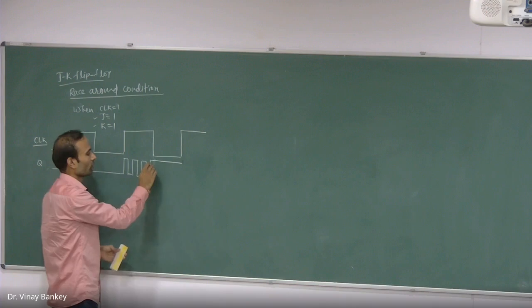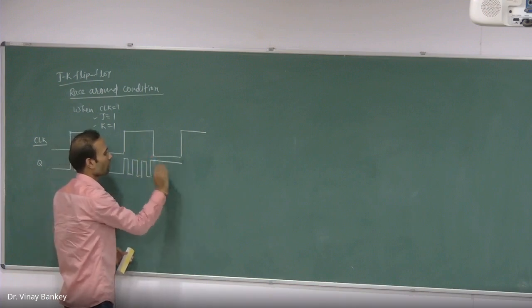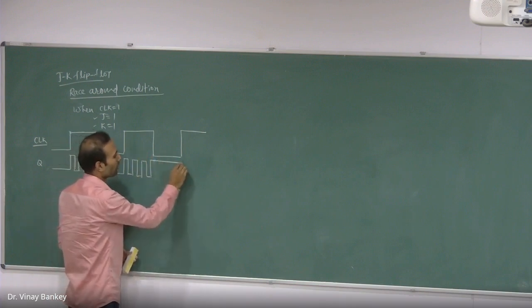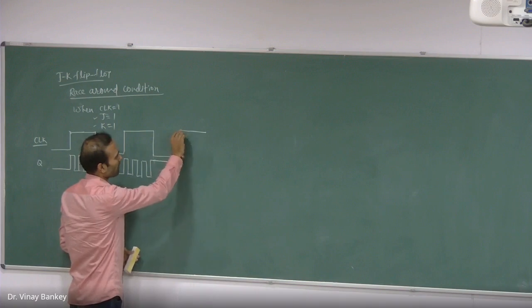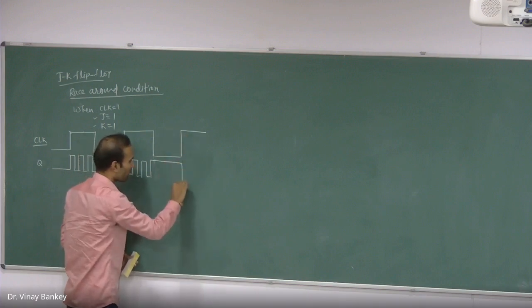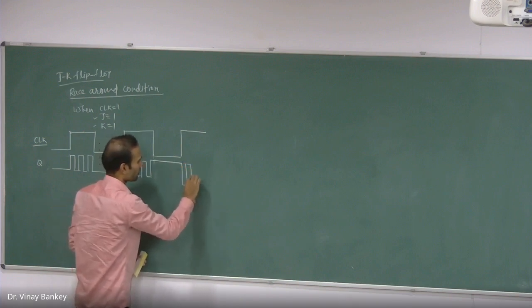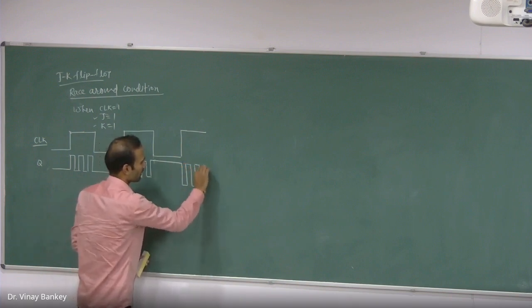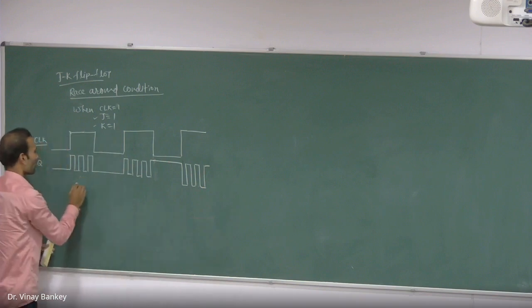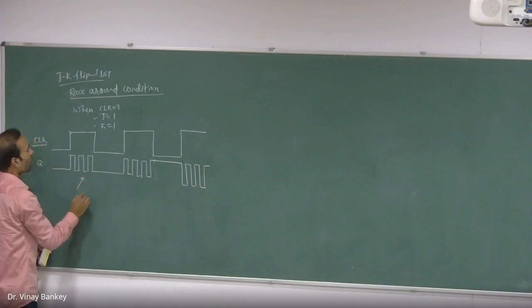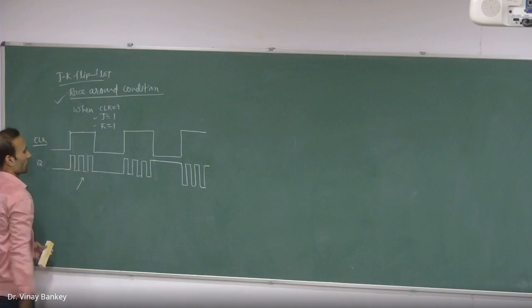If it was 1, it will continue to be 1 till your clock pulse is low. And when it sees a high in the clock pulse, it will toggle the output. So it was 1, now it will become 0, and similarly. This problem is known as the race around condition.